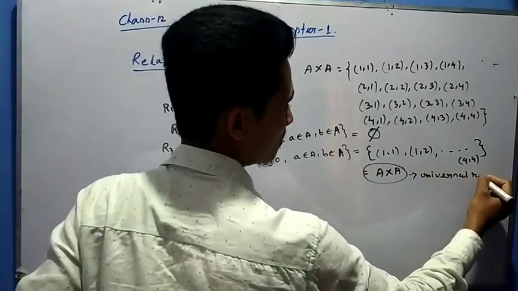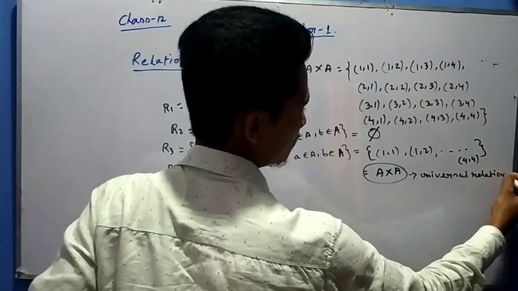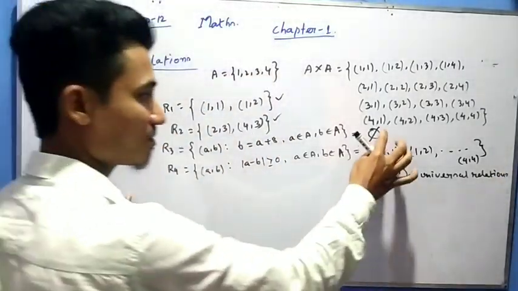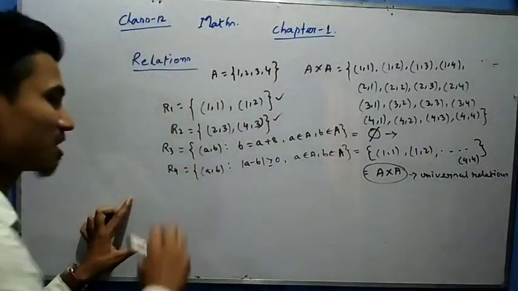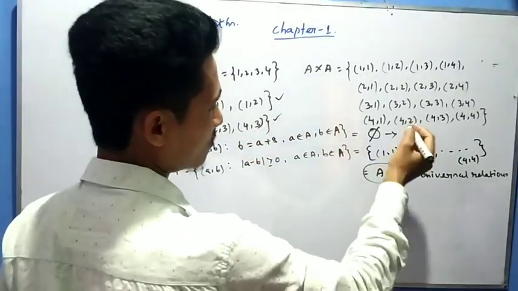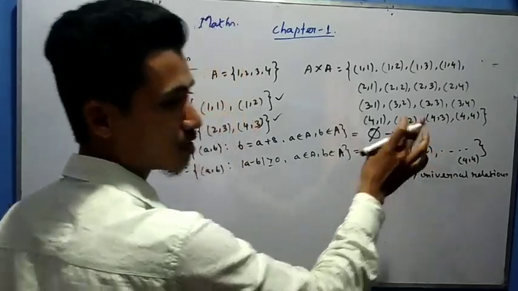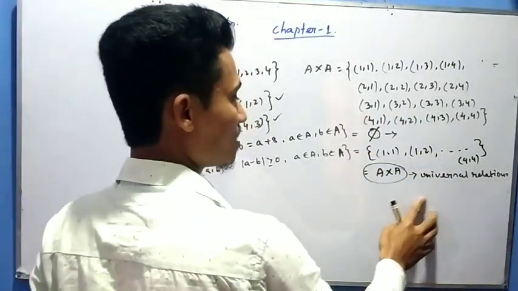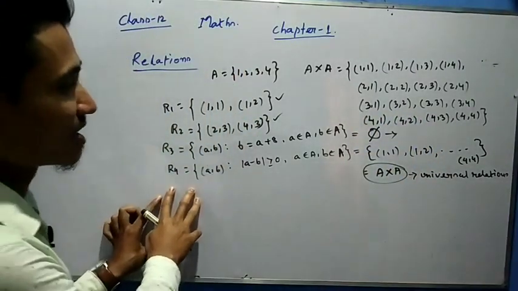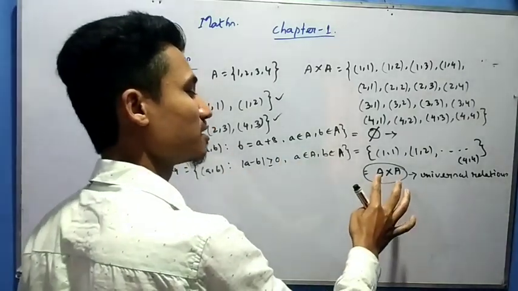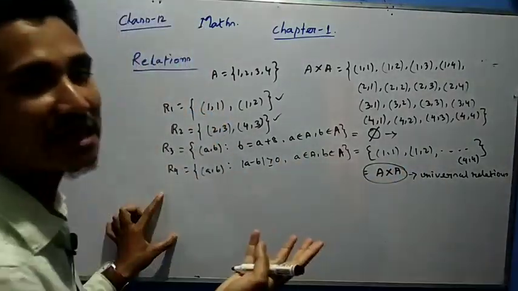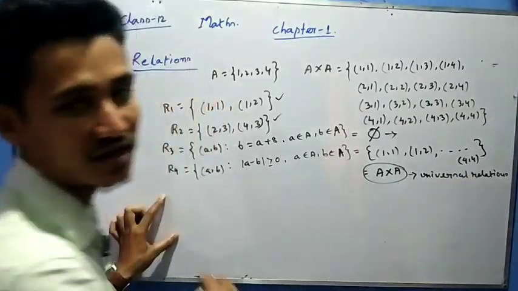Universal relation. Okay. So the first type, a relation that contains no elements, is called an empty relation or null relation or void relation. And if a relation is equal to the Cartesian product on which it is defined, then it is called a universal relation.